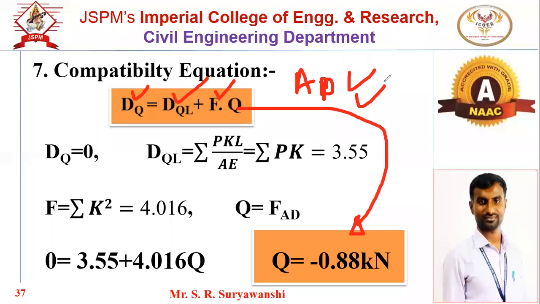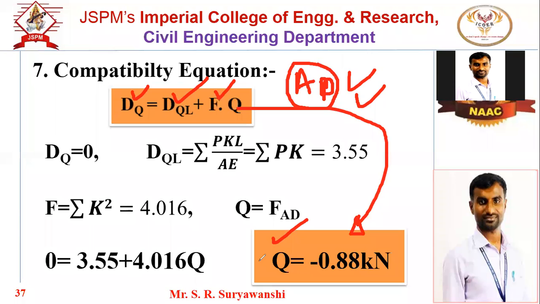If the truss is externally indeterminate, in that case it should be the redundant reaction. So Q will be either the redundant reaction in an externally indeterminate truss, or the final member force of the redundant member like in this problem. So the final member force of AD is equal to Q. That much has to be remembered.